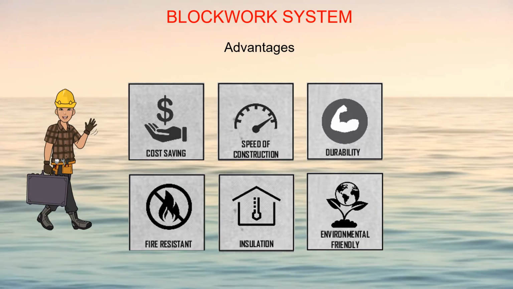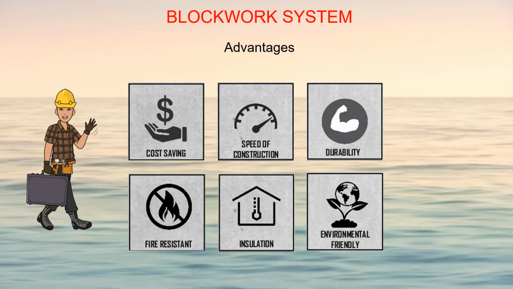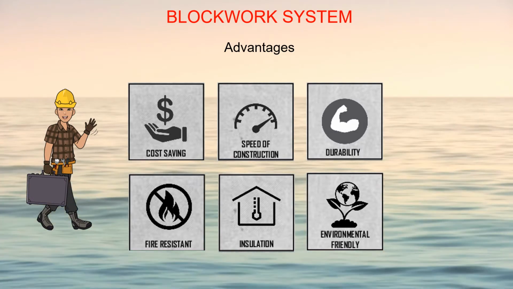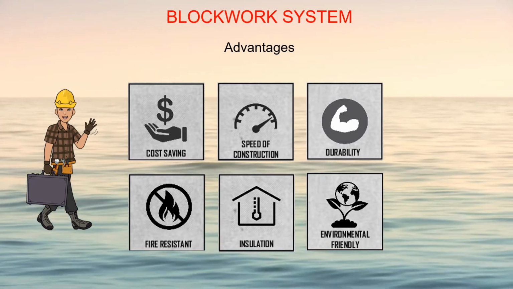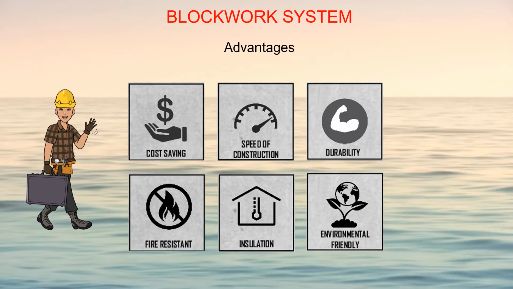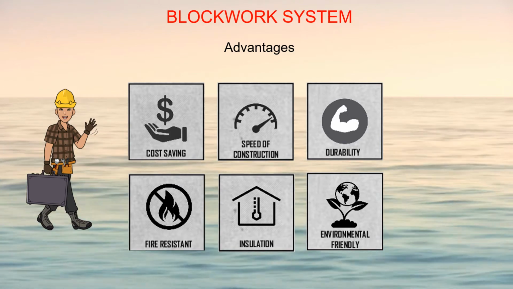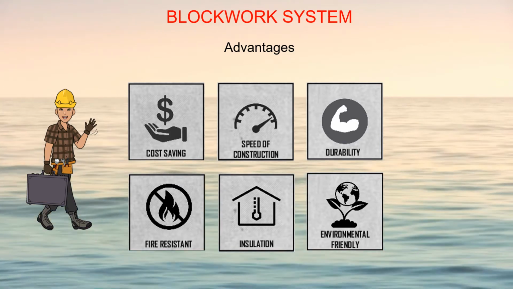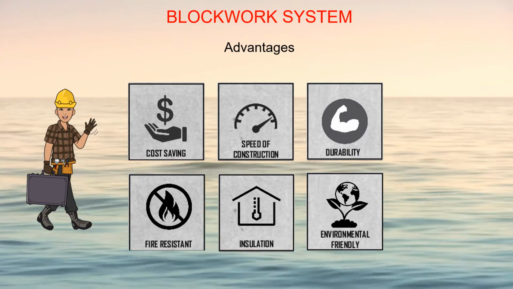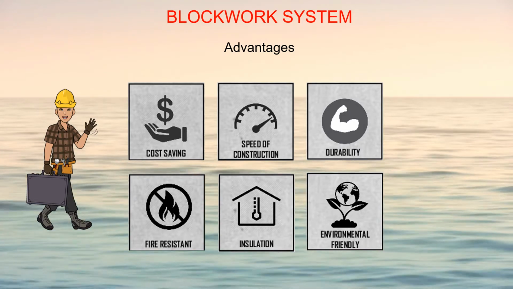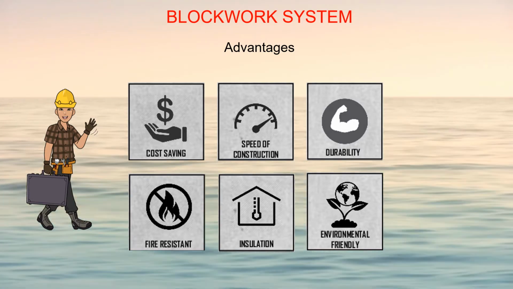Number 3. Durability. Can withstand severe weather and temperature. Lasts for centuries if well maintained and requires less maintenance. Number 4. Fire resistance. Functioning as a firewall between rooms or structures. Number 5. Insulation.